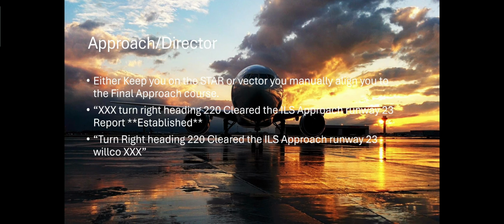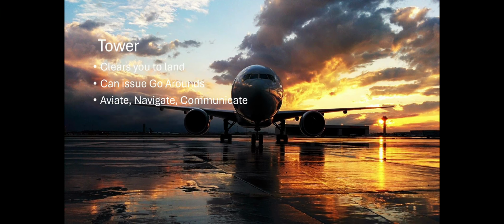That phraseology is from if you're being vectored to final approach. If you just join final without having to put on heading mode, they just say cleared the ILS approach. They just disregard the heading in that phraseology. So tower, they clear you to land.